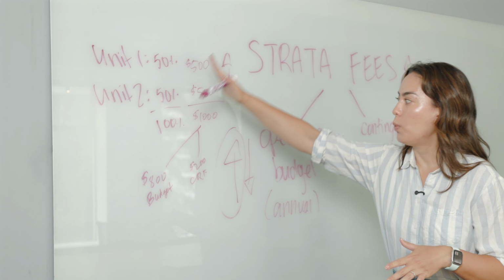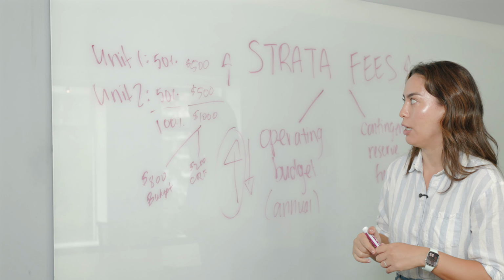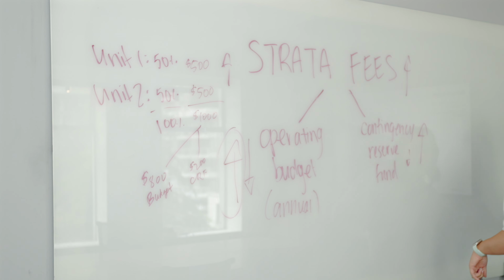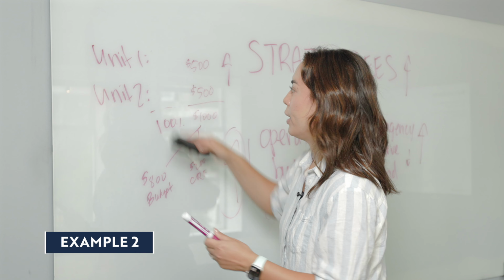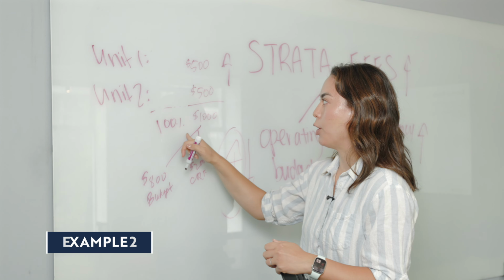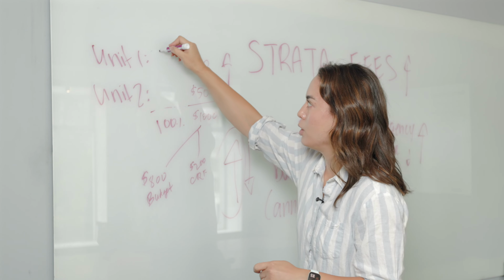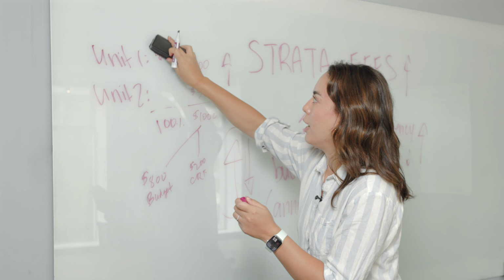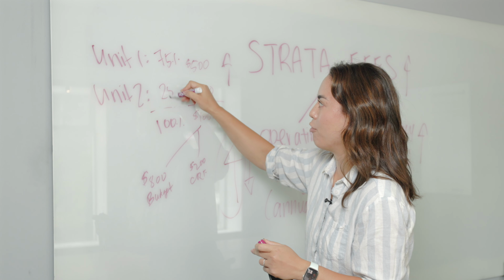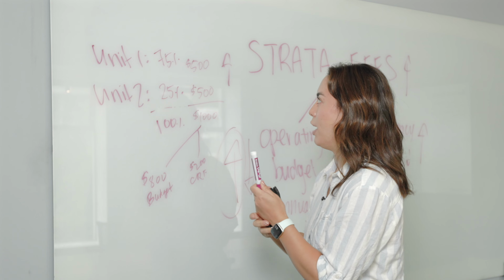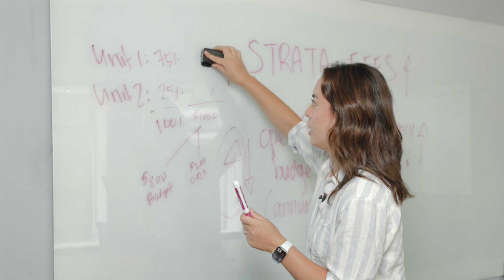Now, we can take this situation a little bit differently if we wanted to, right? Let's say, for example, that it's not exactly equal, right? So you still need to get to 100%, you still need to get to $1,000, but let's now say that unit 1 had a bigger unit, and it was 75%, and this is 25% in terms of your unit entitlement.